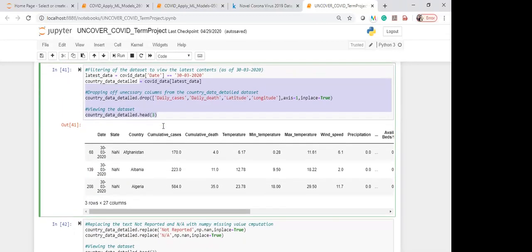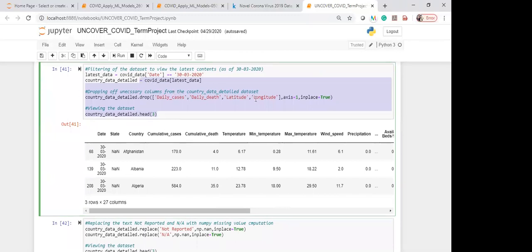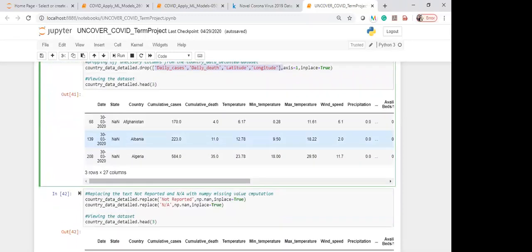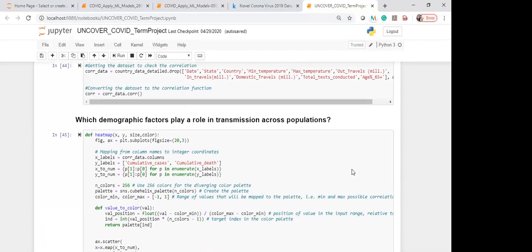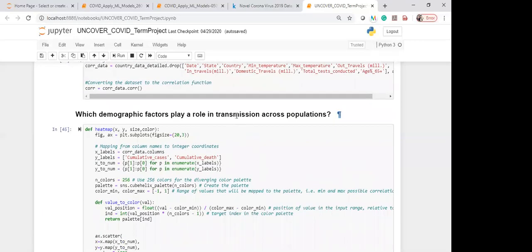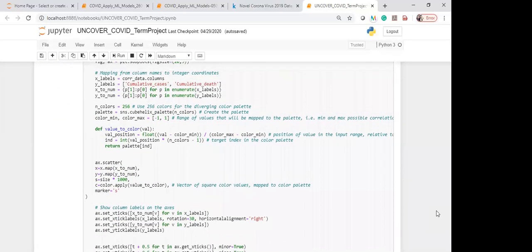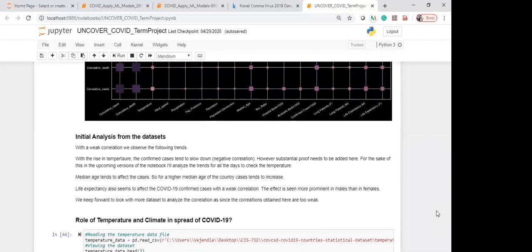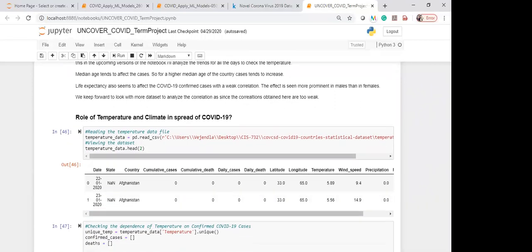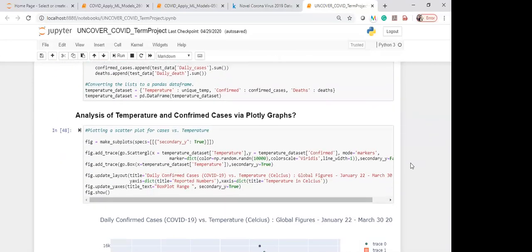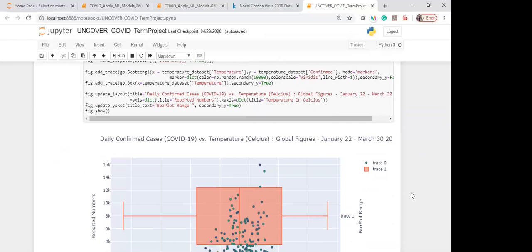This is more like data cleansing and data exploration: which demographic factors play a role in transmission across the population. The role of temperature of the climate in the spread of COVID-19, analysis of temperature in confirmed cases.